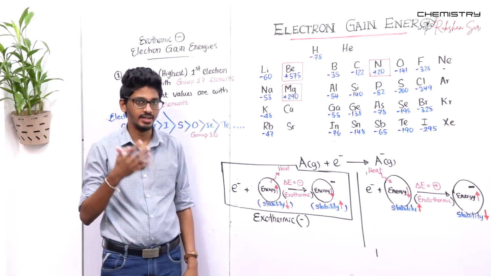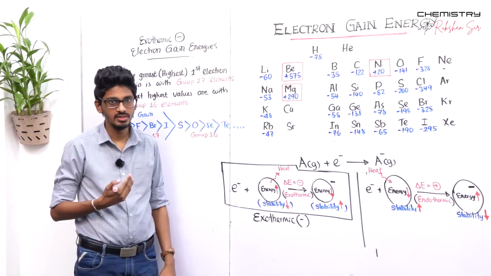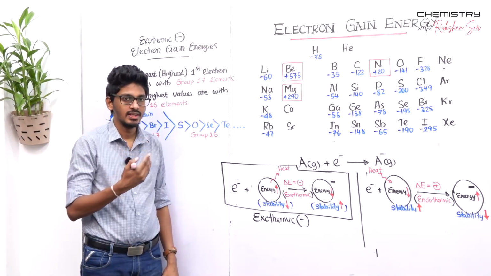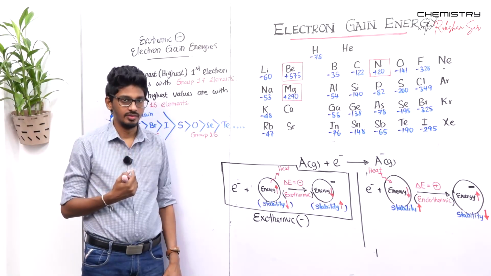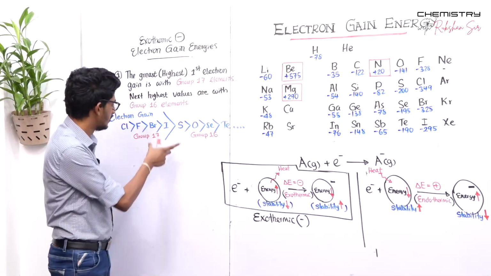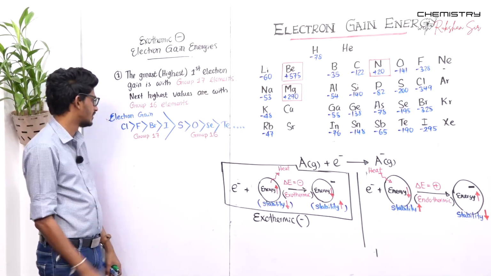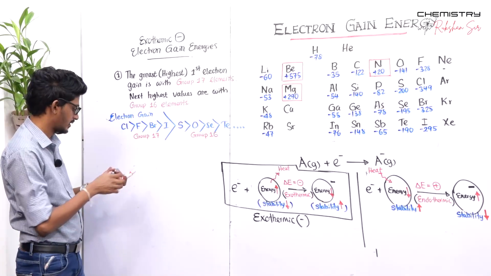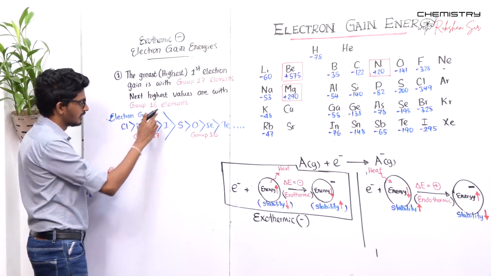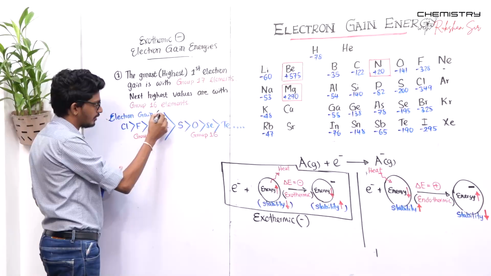Even in ionization enthalpy and ionization energy, we discussed the minimum and maximum values. Like that, here also you should know the same. These are the maximum values with the electron gain.